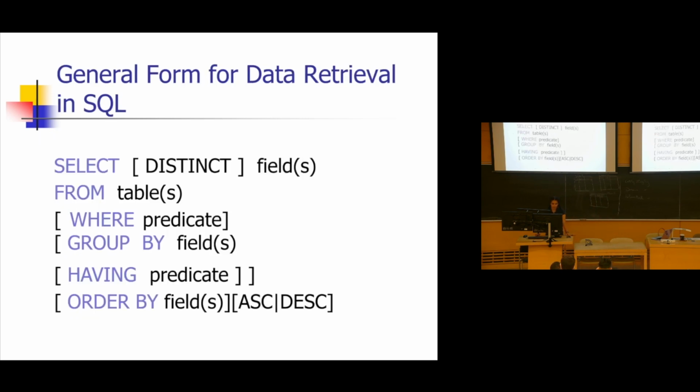Now, this is the general form for data retrieval. If you want to retrieve some information from your table or tables, you always start with the SELECT statement, followed by the columns that you want to get. Let's say you have a very large table with hundreds of columns.